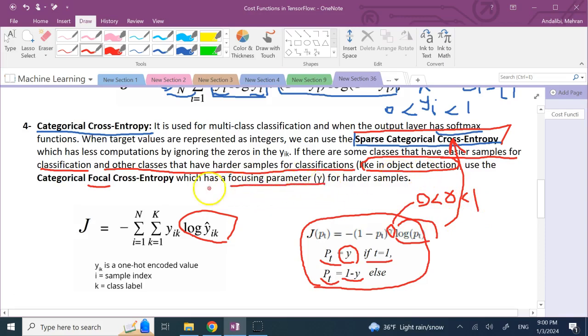It allows for this cost function to do what? It allows for it to give a smaller weight to the samples that are easier to detect, and give a bigger weight to the ones that are harder to detect.